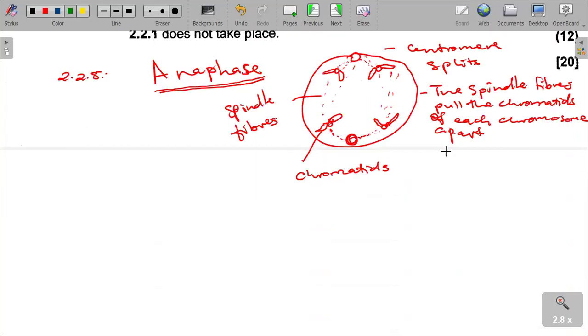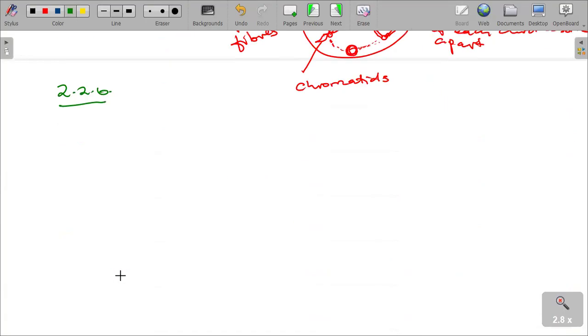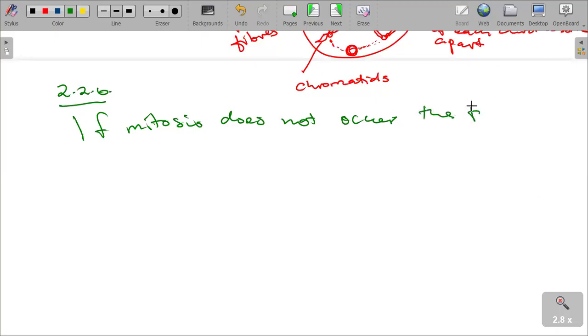So 2.2.6, if mitosis does not occur, the following will happen.